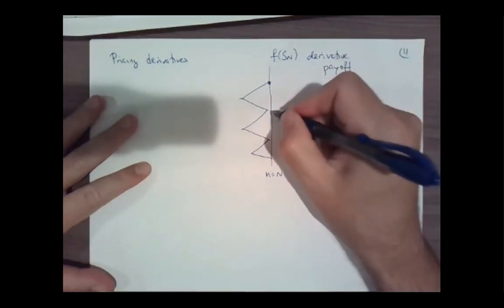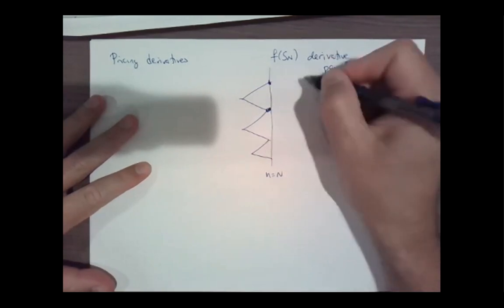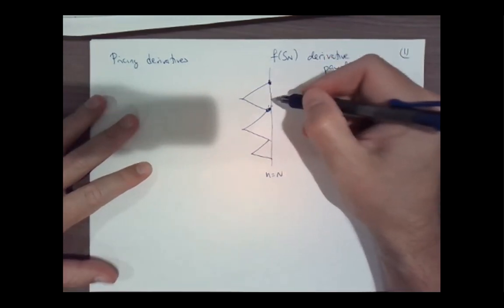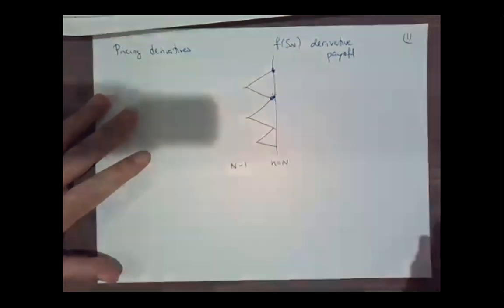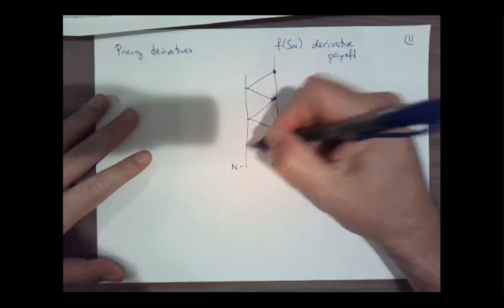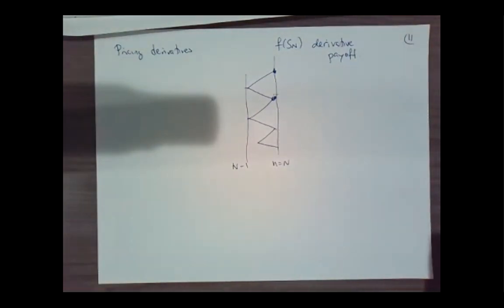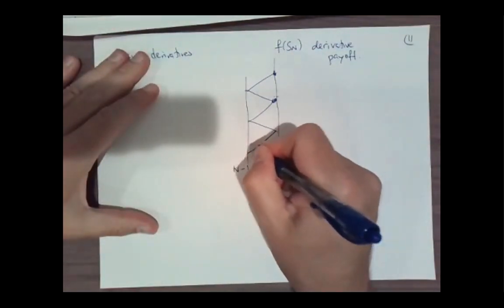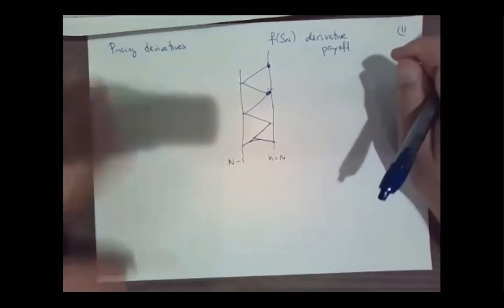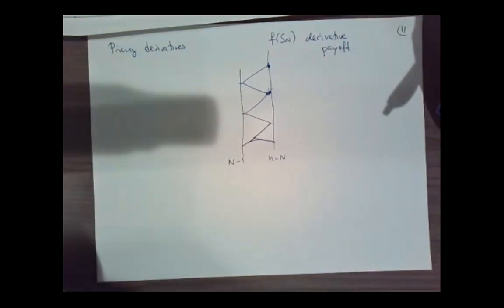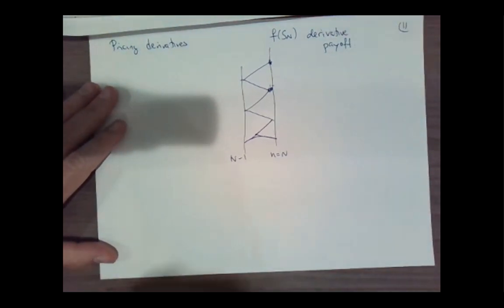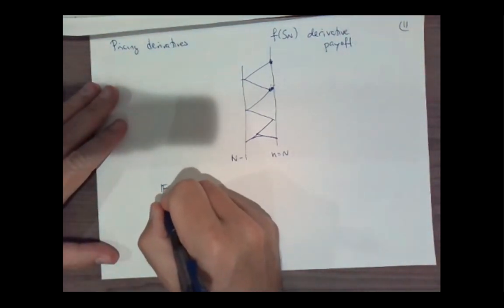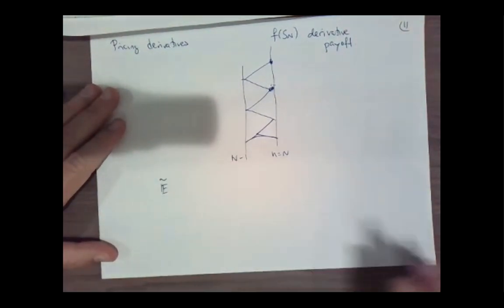So say we're looking at the payoff here, we're going to move it back to time n minus 1. That was the time point we have here. How would one guess to do this? Well, you would probably want to compute something with a conditional expectation.